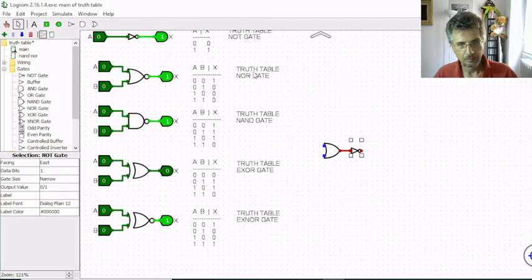So basically, it is possible to build all these gates using the basic AND, OR, and NOT gates.